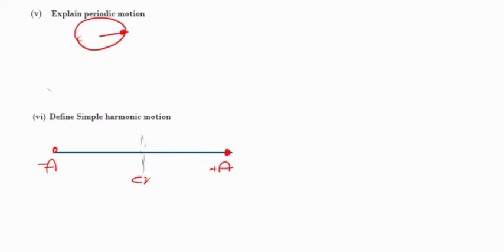An object may move from this point to here, moving between these two points. In simple harmonic motion, the acceleration is directly proportional to the displacement, and it is always towards the center of oscillation, the equilibrium position. Or you can define it the other way around: the acceleration is directly proportional to the force, and it is towards the center of oscillation.